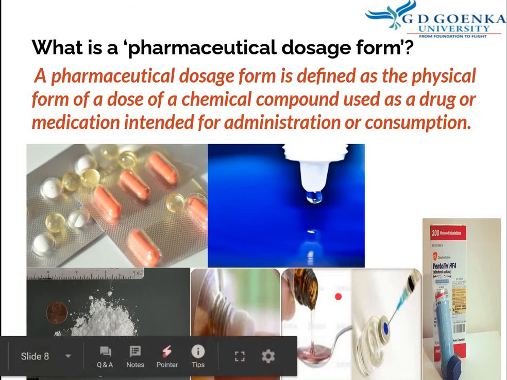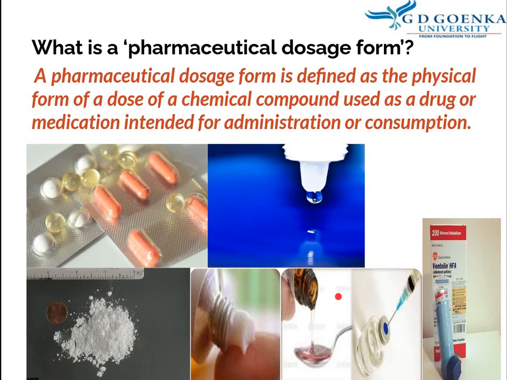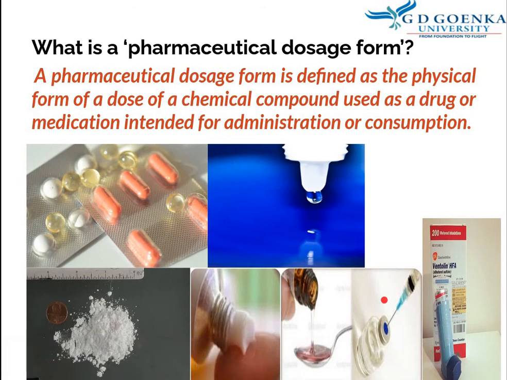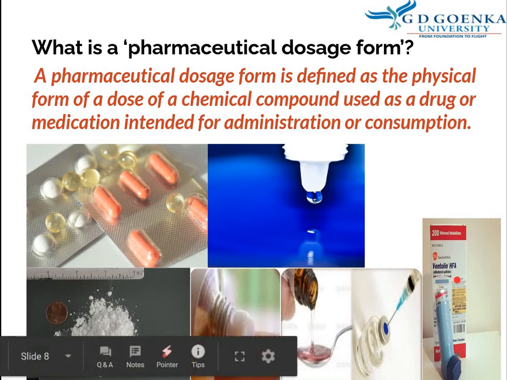This is again a liquid dosage form, that is a cough mixture, syrup, elixir. This is again a sterile dosage form, liquid dosage form. Sterile dosage forms are injectables, large volume and small volume parenterals. This is aerosol or gaseous dosage form.